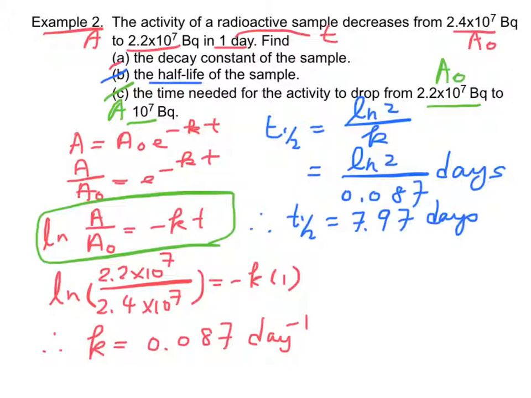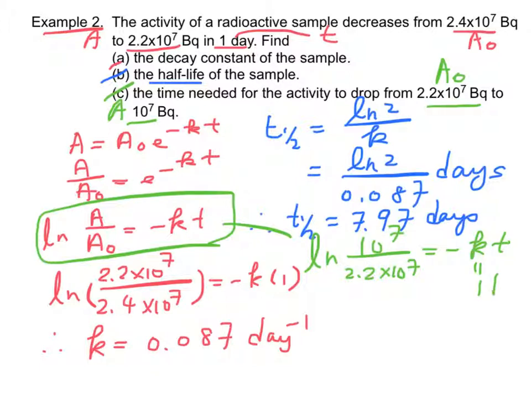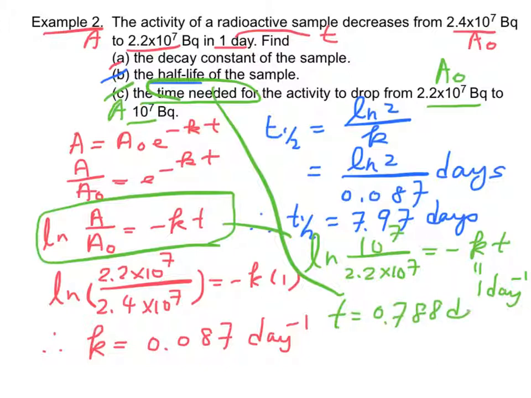Then we have log 10 to the power 7 over 2.2 times 10 to the power 7 equal to negative KT, where K is 1 per day. Therefore, the time T equal to 0.788 days.